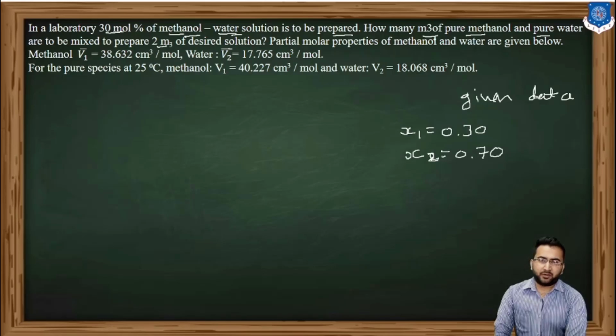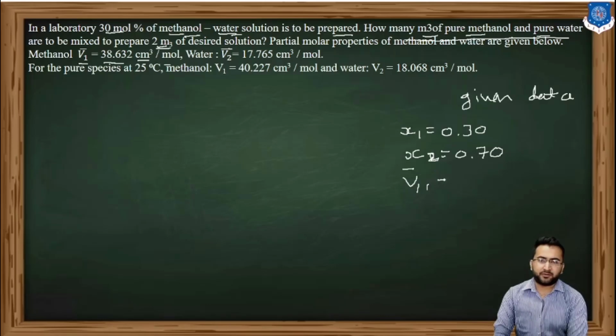How many meter cube of pure methanol and pure water are to be mixed to prepare 2 meter cube of the desired solution? Partial molar properties are given. The partial molar volume of component 1, V1 bar, is equal to 38.632 centimeter cube per mole. Since the statement asks for the answer in meter cube, we have to convert centimeter cube into meter cube by multiplying with 10 raised to minus 6.